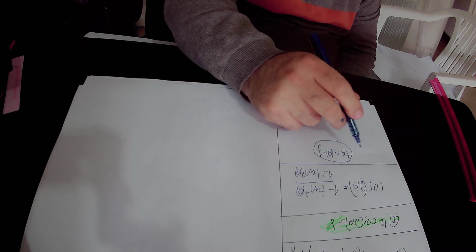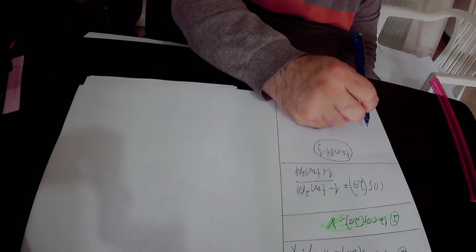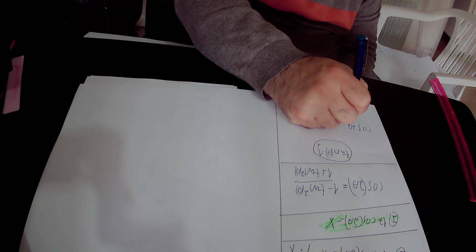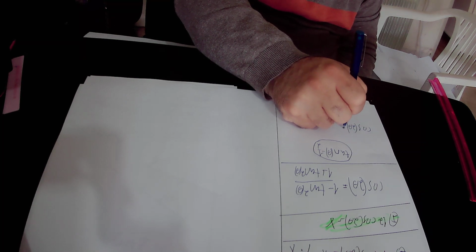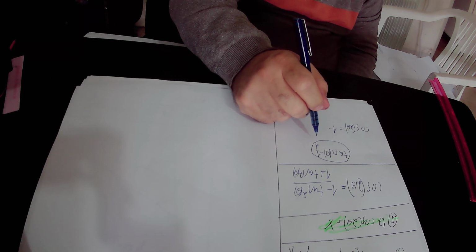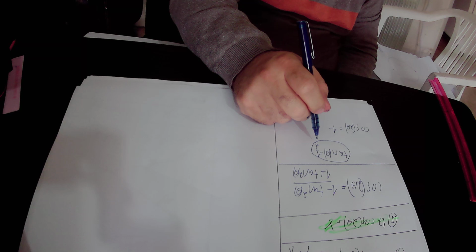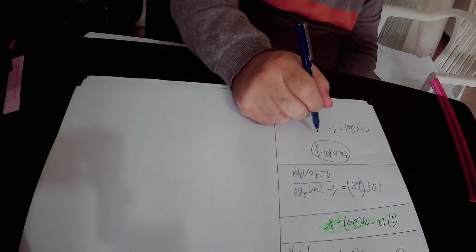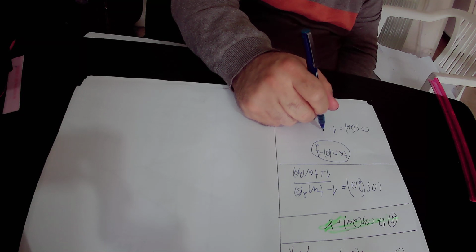We'll do it now and we'll get that according to this trigonometric identity, cosine 2 theta equals 1 minus tangent squared theta over 1 plus tangent squared theta. Tangent theta equals 1/2, so tangent squared theta equals 1/2 squared.